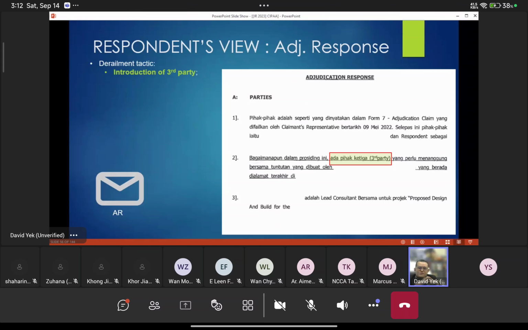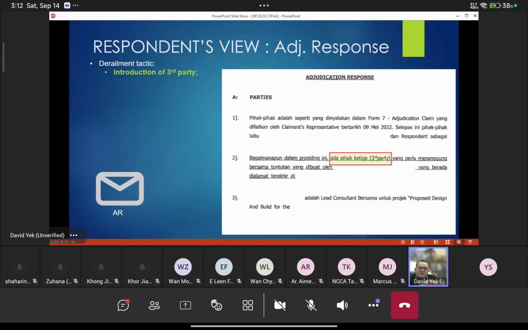Because they say it's a consortium. So what happens here, you can see that the response from the respondent is that, oh no, the thing is not as simple as it is. Now you involve a third party in the contract. He is very smart. Why he responded that way is because he wants to let the adjudicator know that this contract is a tri-party contract. That means it's not the normal two-party.